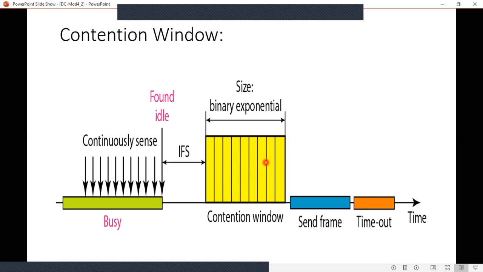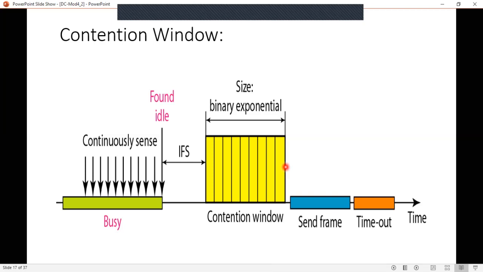Here the important change is that the station needs to sense the channel after each time slot, and if the station finds the channel busy, it will not restart the process. Instead, it will just stop the timer and restart it when the channel is sensed as idle.